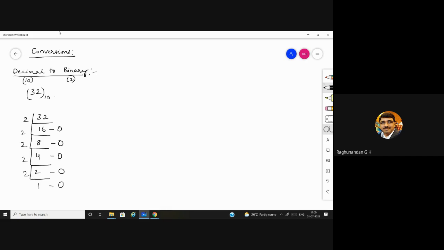For the whole number, you need to take the values from bottom to top sequence. So you should take the sequence from bottom to top approach, starting from this value. So now 32 base 10 is equivalent to 1 0 0 0 0 0.